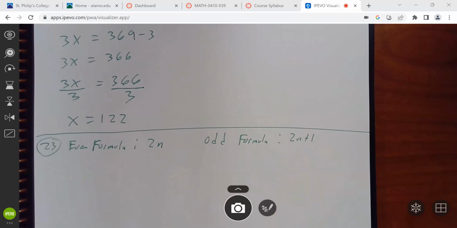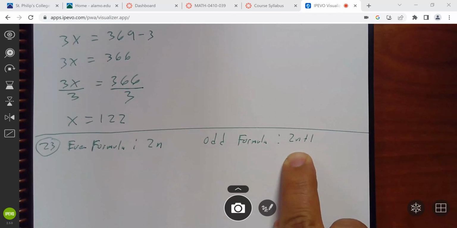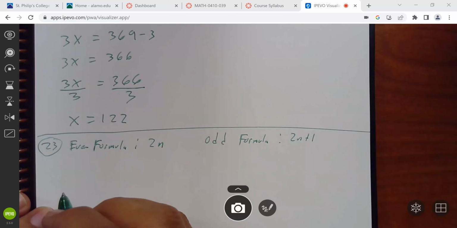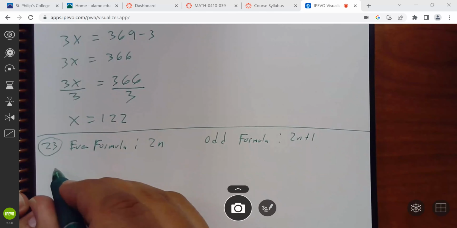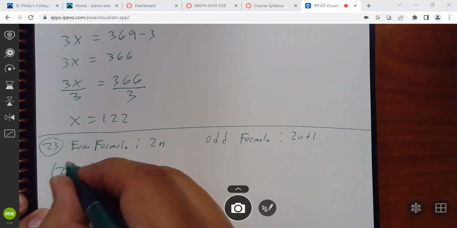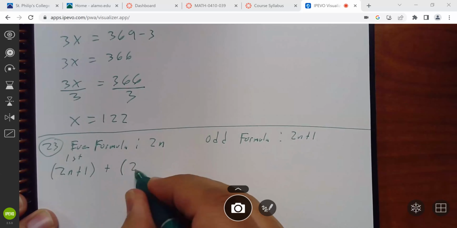What's the distance from 1 to 3? 2. So if I choose this to be the first one, the next one has to be 2n plus 3, 2 more than this, right? So the sum of two consecutive: the first one plus the next one.